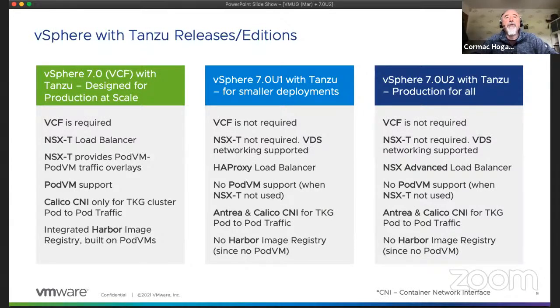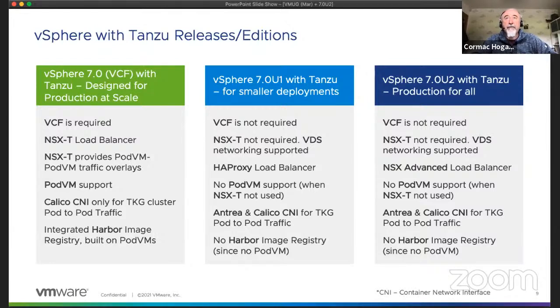The one thing about the HA proxy is that it wasn't a VMware product. It is a third-party product that we did some engineering on. And so with the release of vSphere 7.0 U2, we now have our own VMware-engineered load balancer. This came from the Avi Networks acquisition, I think it was last year. This product is now being marketed as the NSX Advanced Load Balancer.